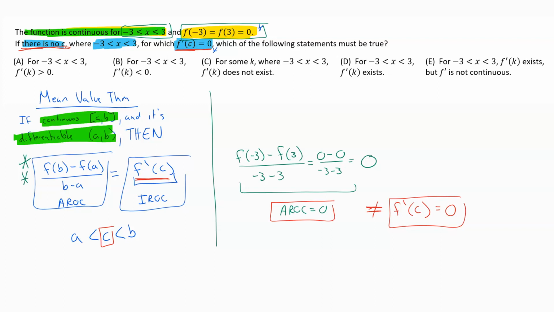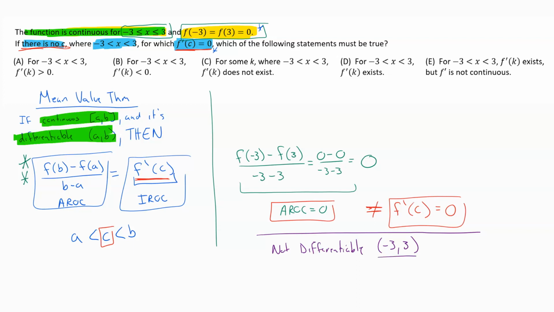So what that tells us is we can now draw the conclusion that since the mean value theorem didn't hold, one of those two pieces at the front didn't work. And what we now know is that it was continuous, but it's not differentiable on that whole interval. They call it a to b, ours would be negative 3 to 3.